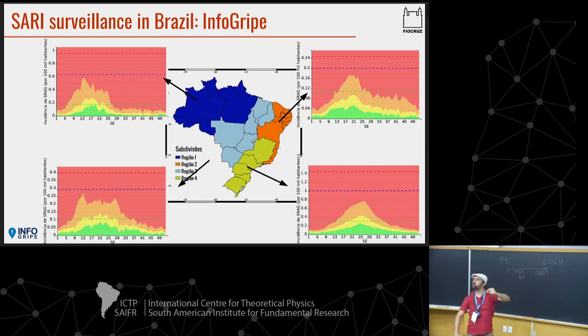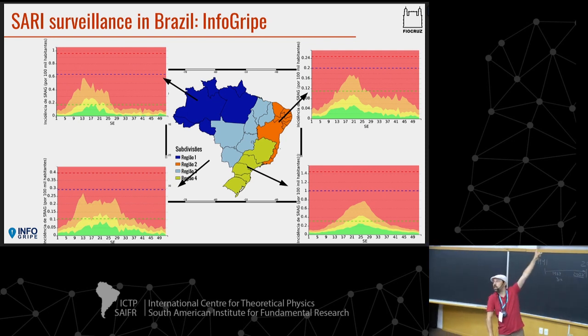So whenever we have an outbreak that starts in the north, usually the central area also peaks in the beginning of the year. When seasons are more or less okay in the north, then it follows more or less the pattern of the south. So the peak moves to the right.